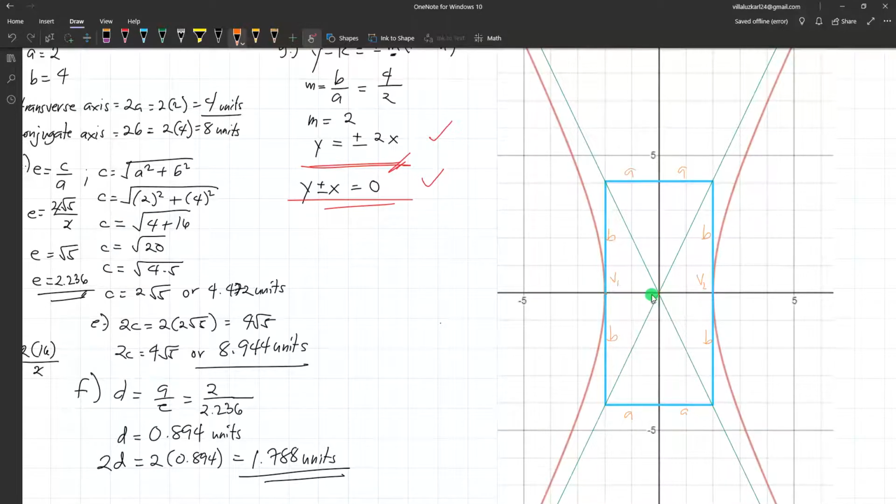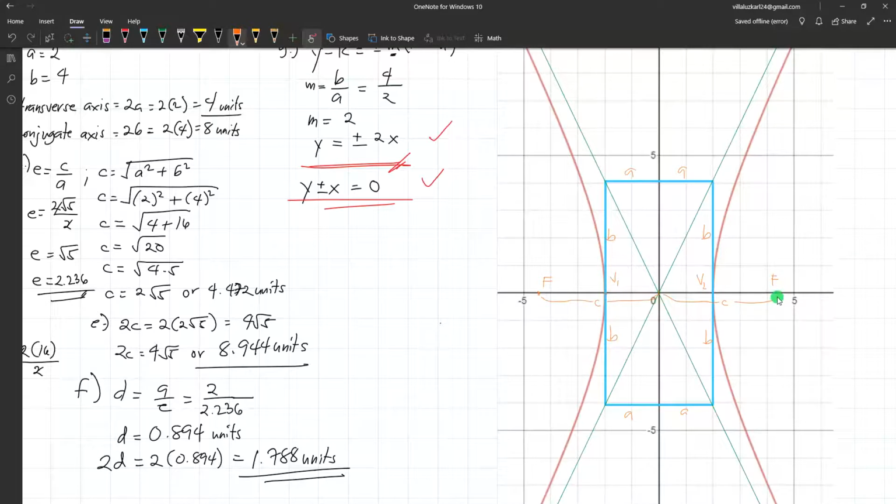So this is 1, 2, 3, 4. 4.472 is somewhere here. That's your focus. Another on the left side. On the right side, 1, 2, 3, 4.472 somewhere here. That's your distance C. This is distance C.